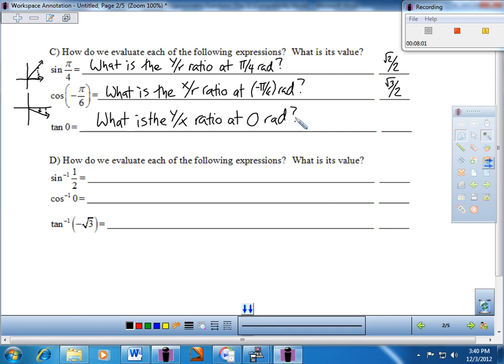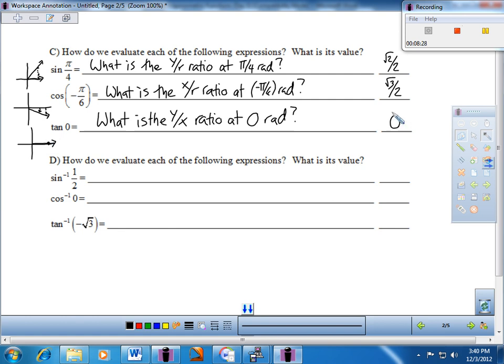And again, I'll just come over and sketch this out, maybe get a visual understanding of this, even though we've developed this before. There, of course, everybody, is 0 radians. And as I pick a point on that terminal side there, if I take the y-coordinate and divide by the x-coordinate, well, of course, as we can see, guys, the y-coordinate is 0 right there. And so if I take the y-coordinate and divide it by the x-coordinate, I should, of course, get 0.